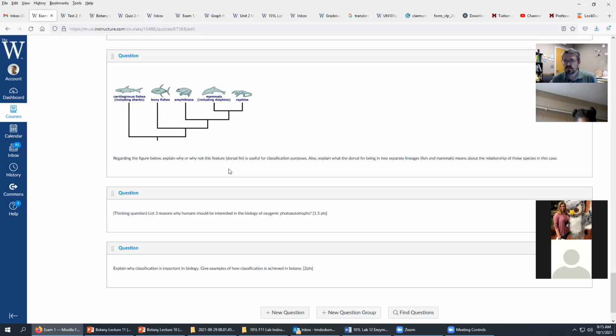A lot of this is through looking at the comparisons of different organisms, different plants. So we are looking at comparisons of flowers, comparisons of vascular tissue, comparisons of all kinds of things. And so we are able to classify groups of plants based on different characteristics like morphological characteristics.